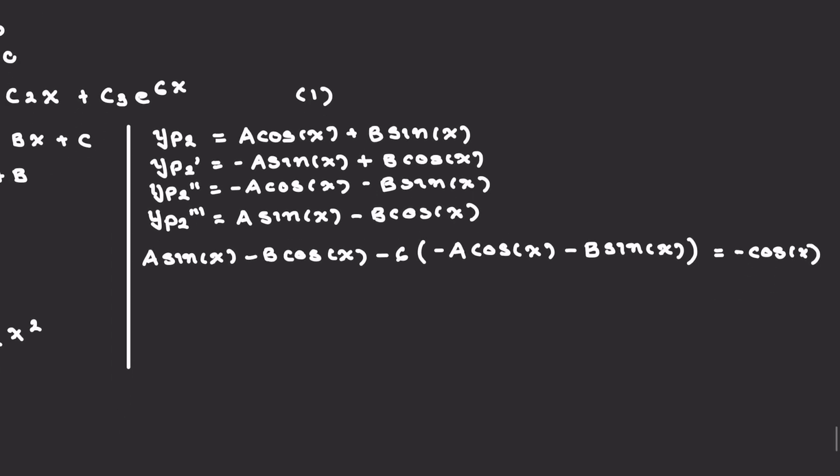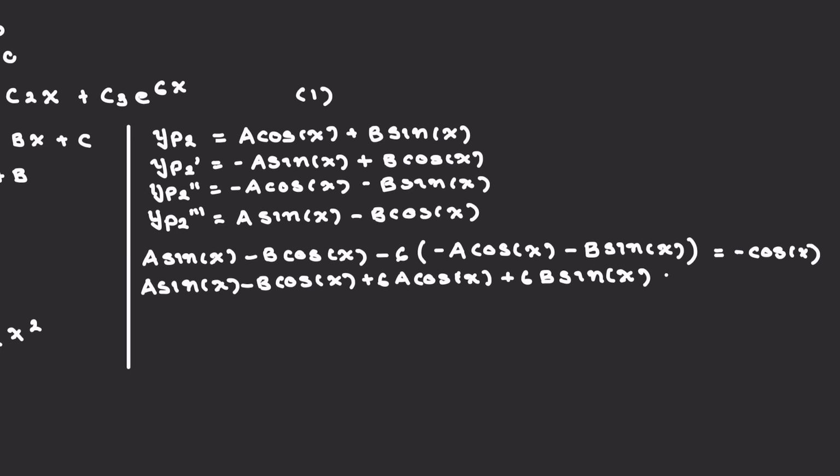And so let's simplify our equation here. We have a sine of x minus b cosine of x plus 6a cosine of x plus 6b sine of x equals negative cosine of x.